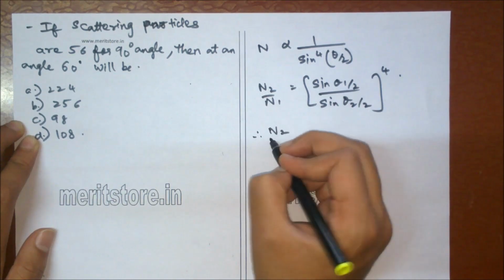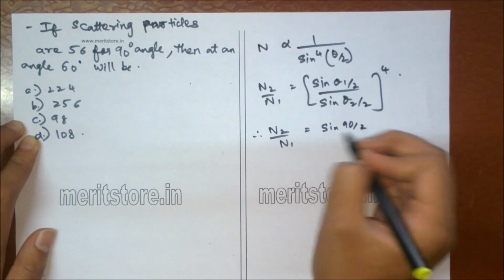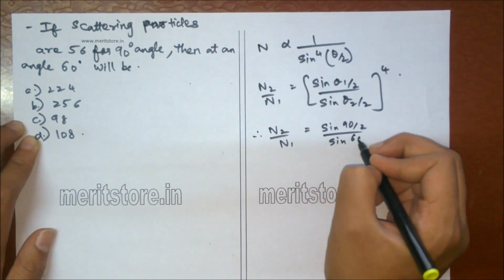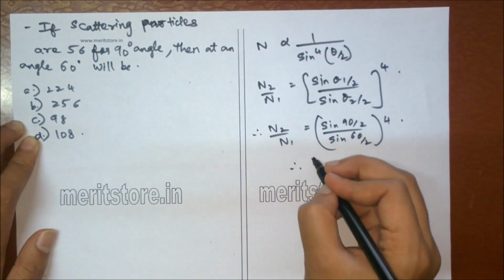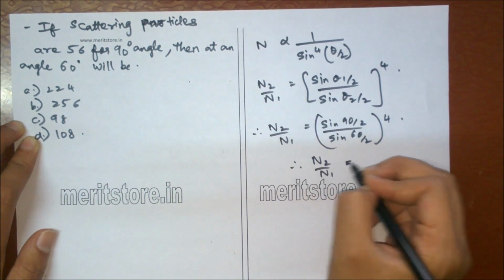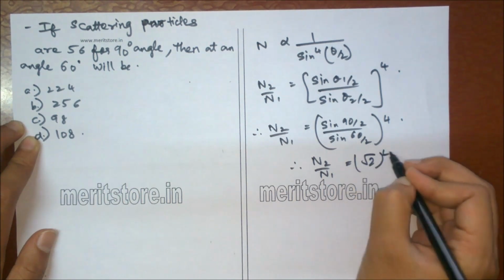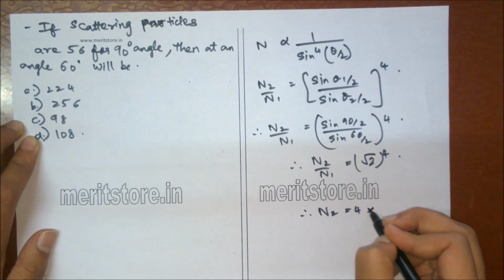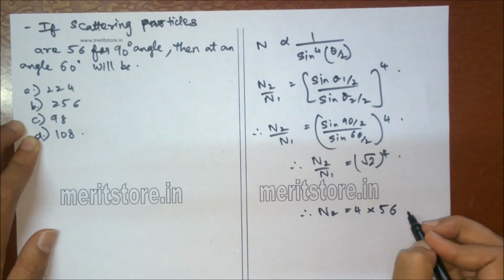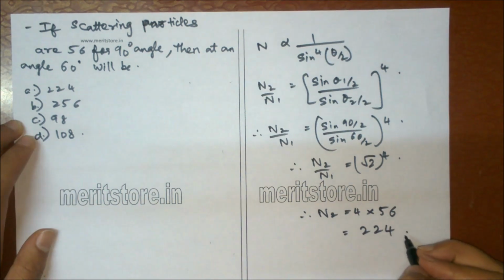Therefore N2 upon N1 is equal to sine 90 by 2 divided by sine 60 by 2 raised to 4. So we get N2 upon N1 is equal to root 2 raised to 4. Therefore N2 is equal to 4 into 56, 56 is N1, so 224 is the correct answer.